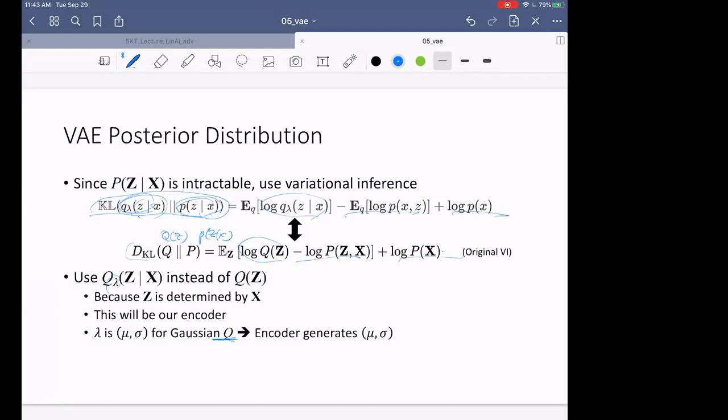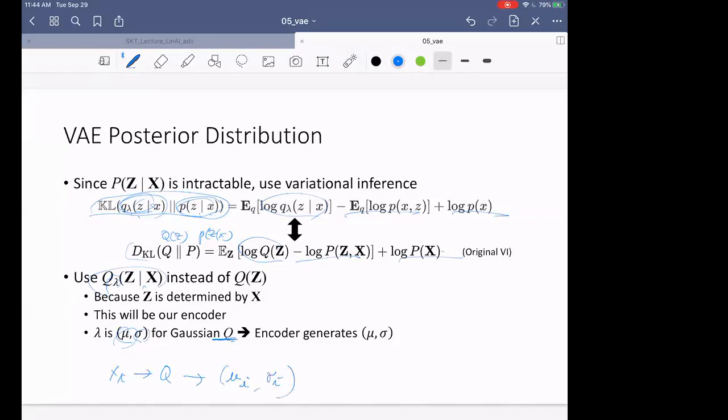What this term says is that there's a mu and sigma for each X. You derive a different Gaussian distribution Q for each X. Like Xi: if Xi goes through Q, then you have mu_i and sigma_i.